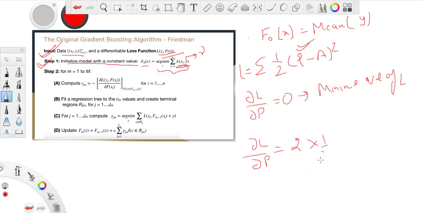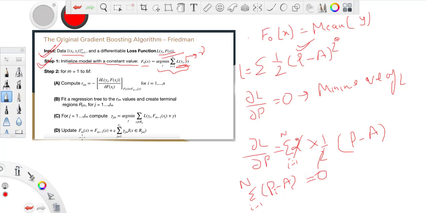So this power comes out when I am differentiating, right? Then this entire quantity remains the same. So this and this will get cancelled out. So this is basically summation from i equal to 1 to n. Now if I equate it to 0, I get summation of p minus a i equals 0, right?